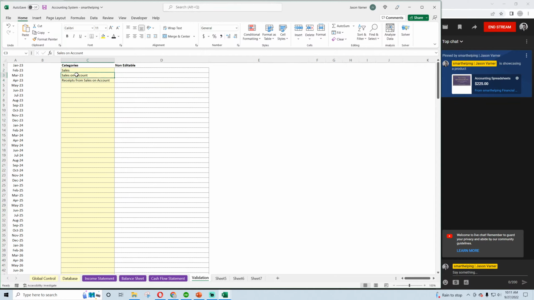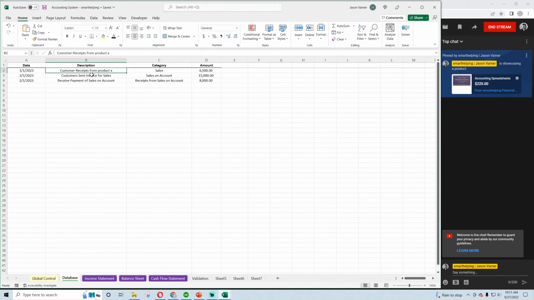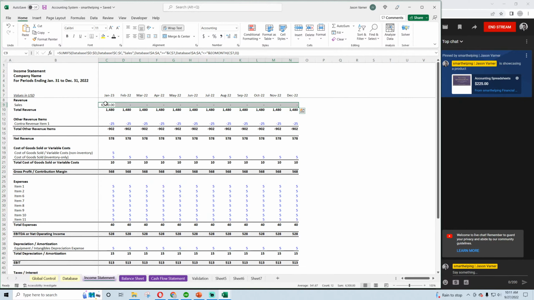And because I'm going to have to use these words to do the formulas, it's not going to work if the user is able to change these. Now, what you can change is the descriptions, and that's where you can call things whatever you want, because that's not going to matter for the logic that's happening to figure out all the math.